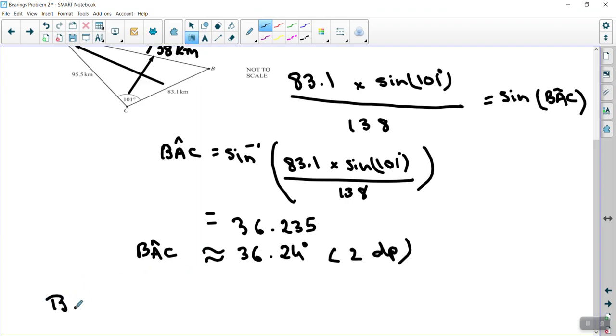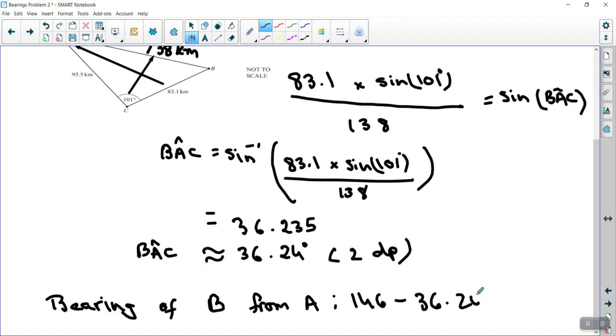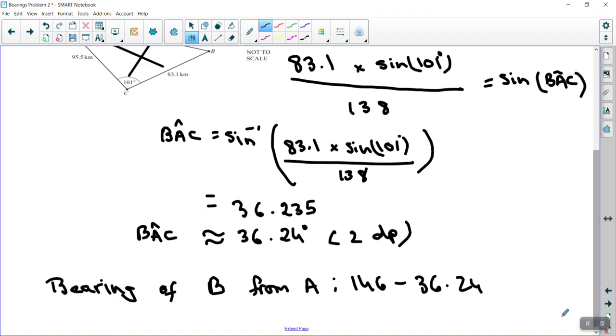So the bearing of B from A would be given by 146 minus 36.24, which is equal to 109.76. That's a bearing, so this is degrees, right? So we are done with that part. So that's the bearing of B from A.